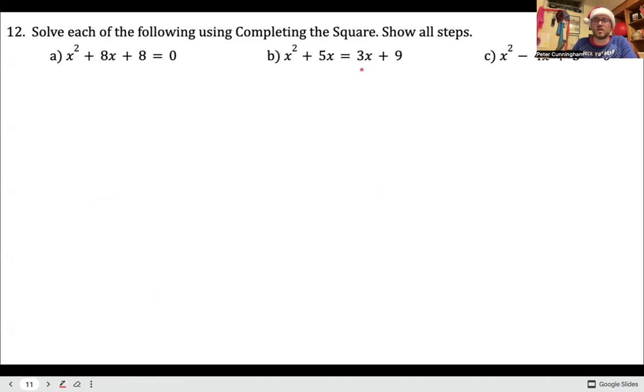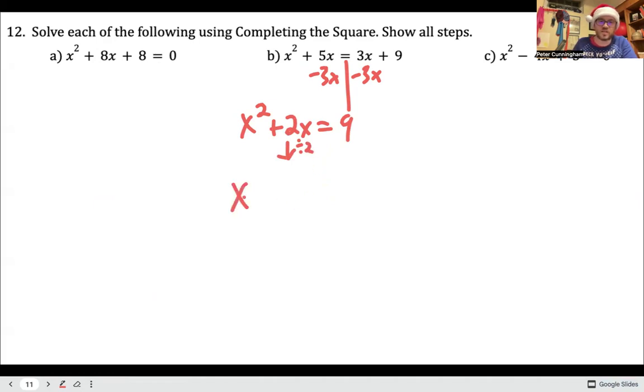All right. Let's get 3x to the other side. Hello, honey. Plus 2x equals 9. And I should have left a gap there because I need to split this in half.